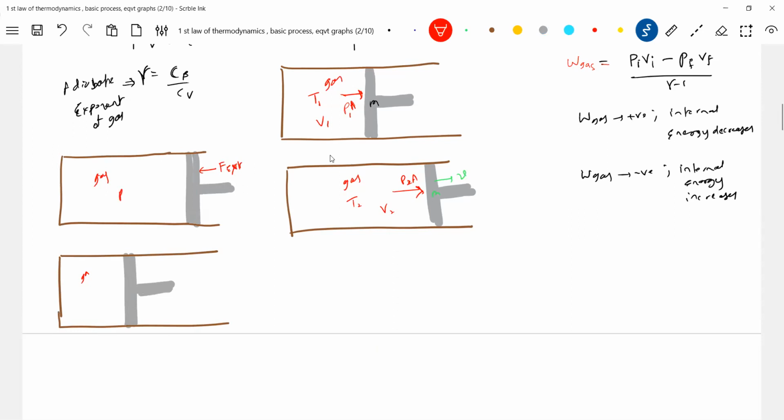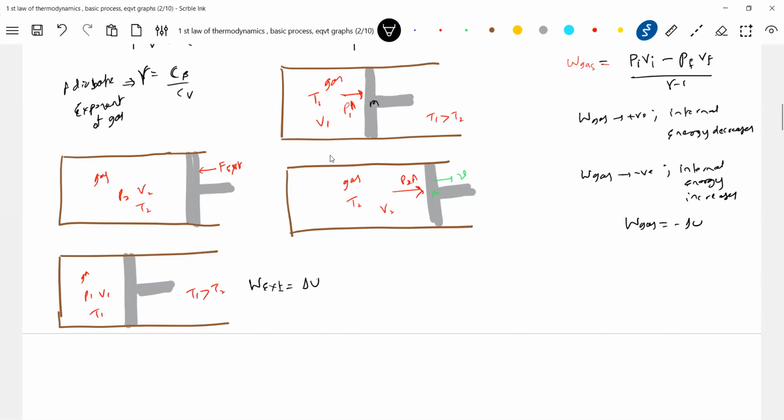Then the pressure here was P2, V2, temperature T2. So this is P1, V1, T1. If you check, T1 is less than T2. Here also the same condition: temperature of gas will increase, internal energy of gas increases. From where has this energy come? The external agent did work. So work done by external agent should be plus delta U. Work done by gas should be minus delta U.